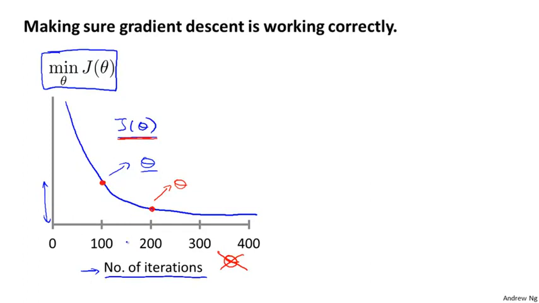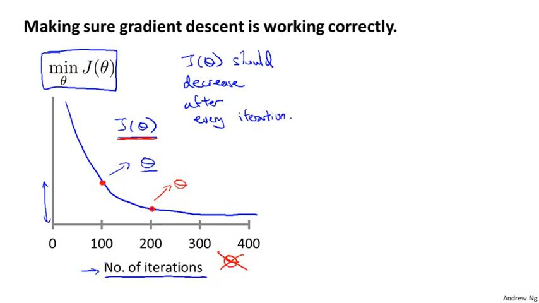So what this plot is showing is the value of your cost function after each iteration of gradient descent, and if gradient descent is working properly, then j of theta should decrease after every iteration. And one useful thing that this sort of plot can tell you is that in the specific figure that I've drawn, by the time you've gotten out to maybe 300 iterations, between 300 and 400 iterations, it looks like j of theta hasn't gone down much more.